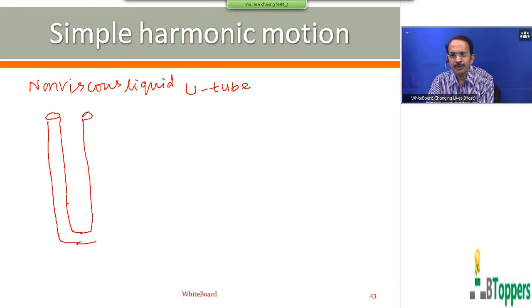Of course, the students will be able to draw the diagram in a better way by making use of a scale and compass box, but I am drawing the diagram in a rough way.